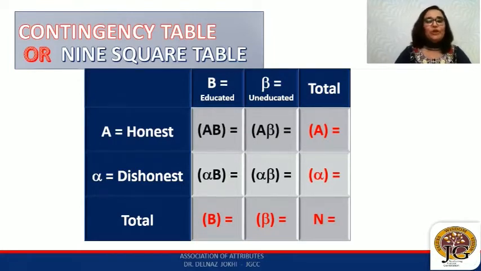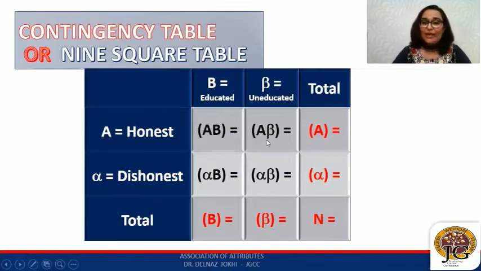Now look at these notations in black color. AB bracket. What is AB? If a person is honest and the person is educated, so honest is A, educated is B. Dono saath mein aa rahe hain, honest and educated. So that is why the frequency is written as frequency AB. All right. If you have understood, then you will understand what is A beta.